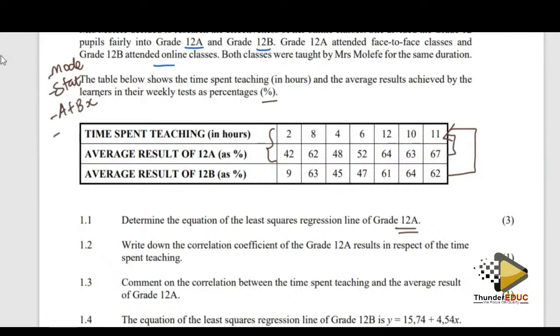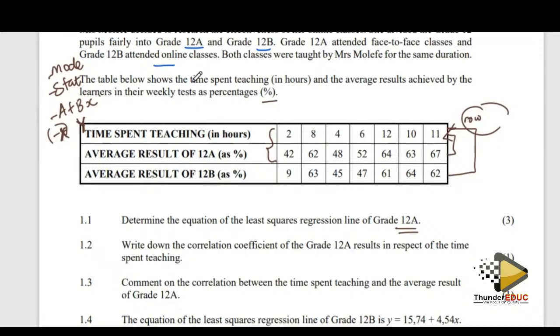And then we shall get a table, which will have the X on one side and then the Y on the other side. So what we said was that the first row will always indicate the X values or the independent variables. So we enter this, we capture that. So 2 equals, 8 equals, 4 equals, 6 equals, 12 equals, 10 and 11.